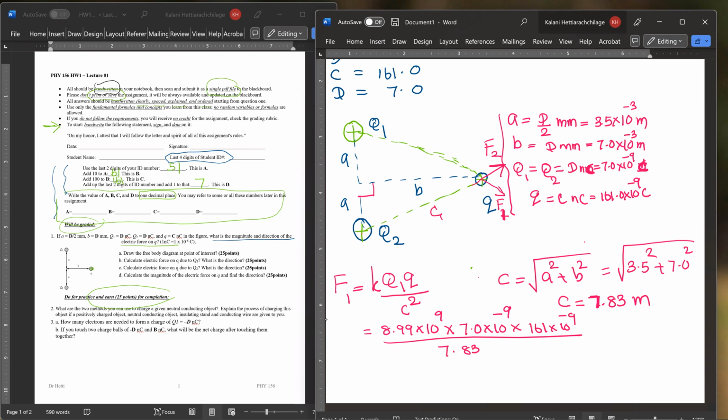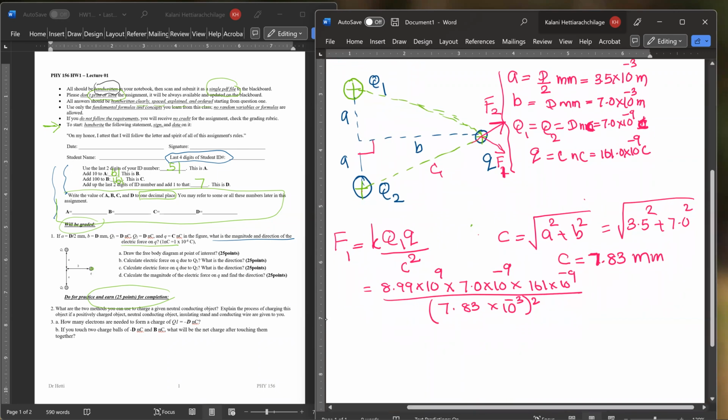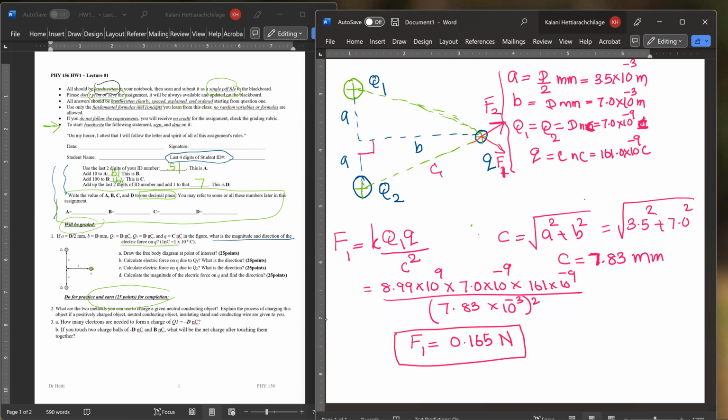This is in millimeters, so 10 to the negative 3, and power 2. And then you're going to calculate this number, right? That is your F1. Coulomb's law does not give a direction. Direction, you need to take separately. So now this will be equal to 0.165. And I need the answer in a box, with units, for F1.